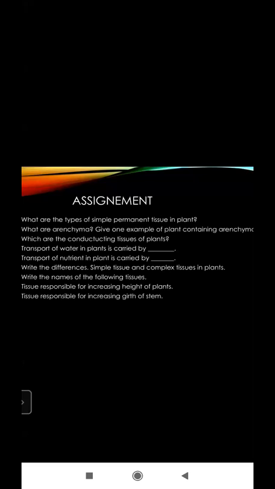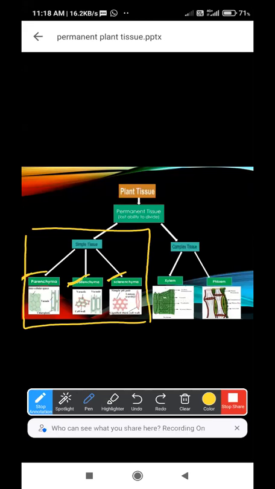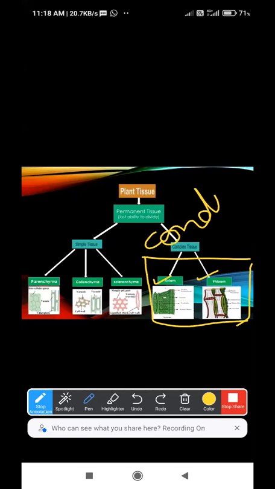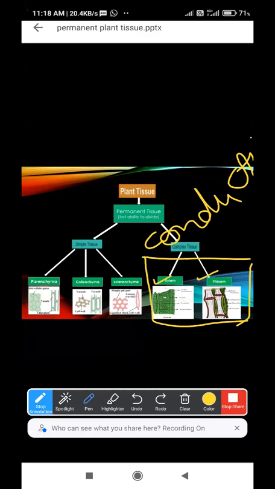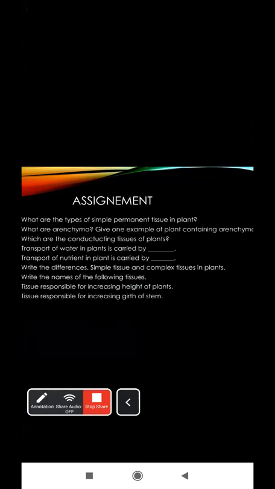Next, which are the conducting tissues of the plant? Now see again, conducting tissues. We have discussed the conduction of water and nutrients in the plant. So, xylem and phloem are the conducting tissues. So, the answer for the third question is xylem and phloem.